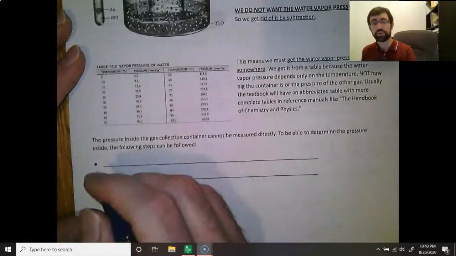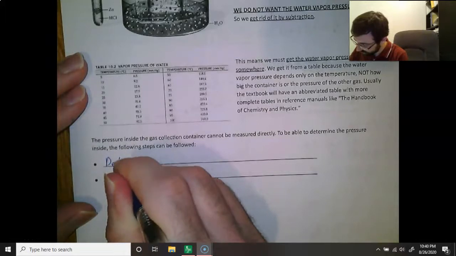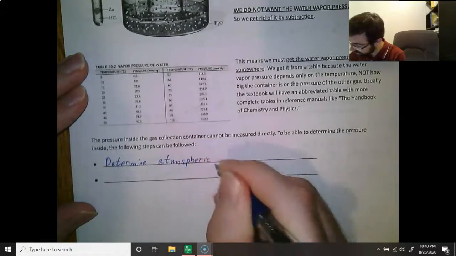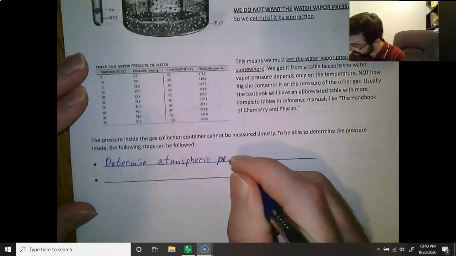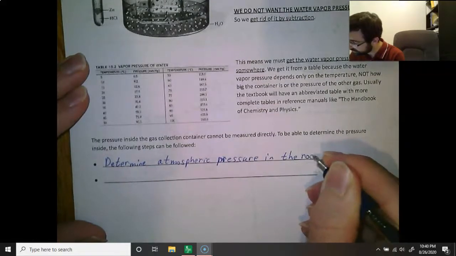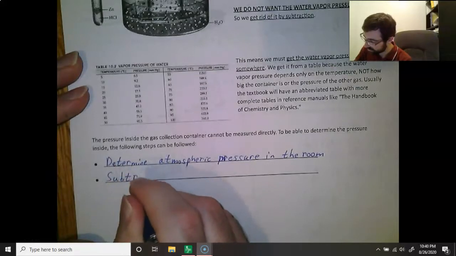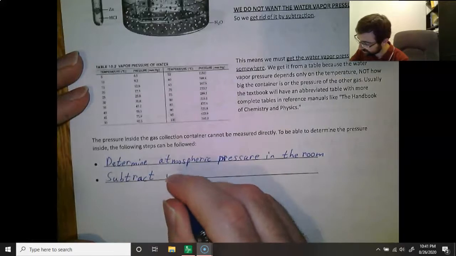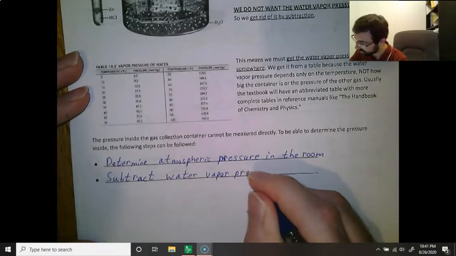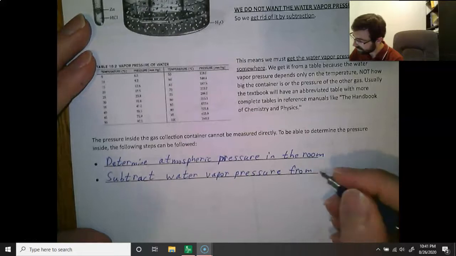So what we're going to do is determine the atmospheric pressure in the room, and then we subtract the water vapor pressure from this pressure.